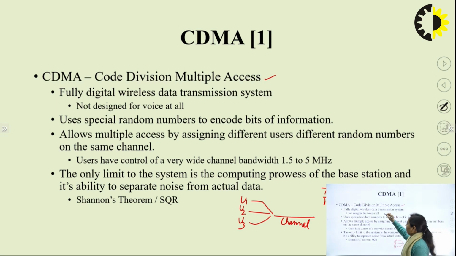It is a kind of fully digital wireless data transmission system, which means that no analog type of information is being sent, but you know that the original information is in the form of analog only. So, at the transmitter side, to convert it into digital, we require an ADC, that is analog to digital conversion.